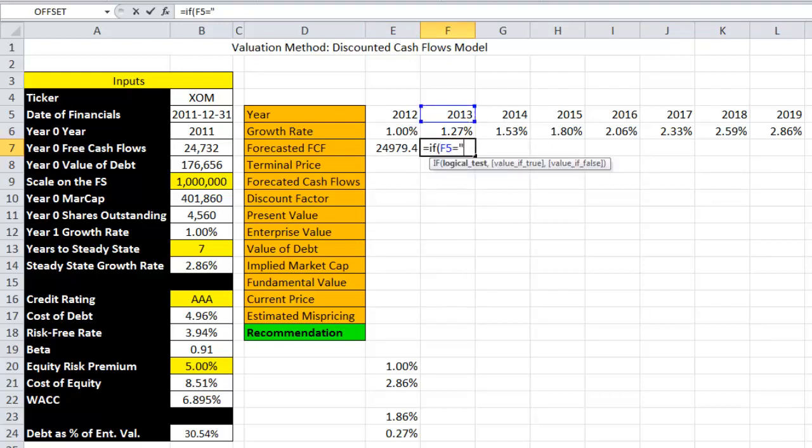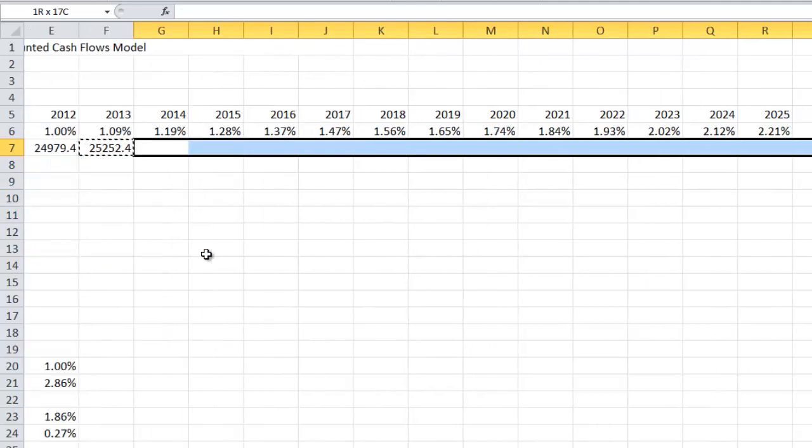If the year equals nothing, give me nothing, because that means we're outside of the analysis period. Otherwise, take the previous year's free cash flow to the firm, multiply it by 1 plus our growth rate this year, and the good news is we don't have to lock anything in with that. So let's go ahead and make sure we can handle 20 years. So we just copy and paste that across as far as we need to.